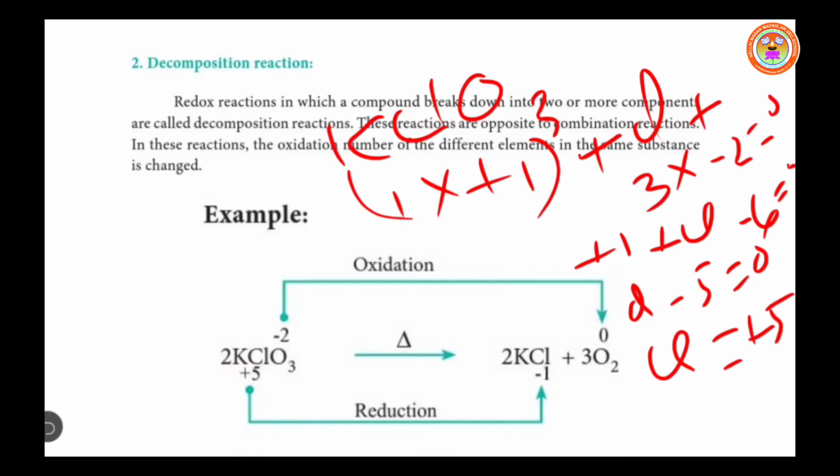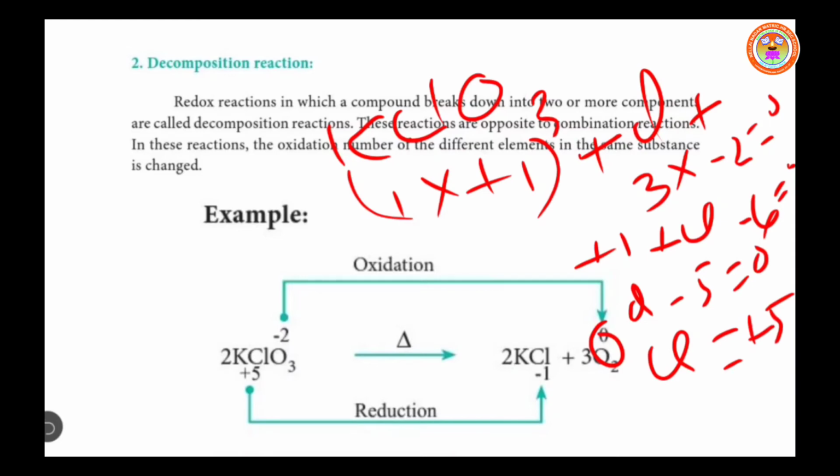Similarly, the oxidation state of oxygen in KClO3 is -2. In KCl, the oxidation state of chlorine is -1. In the O2 molecule, the oxidation number of oxygen is 0. So here the +5 state of Cl is reduced to -1.